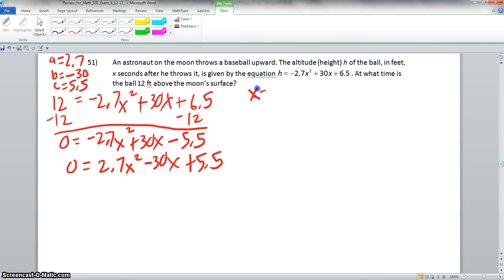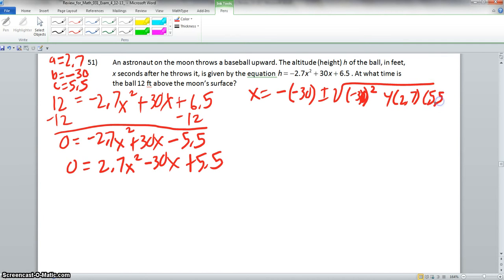So now we will have x is equal to the opposite of negative 30 plus or minus the square root of negative 30 squared minus 4 times a, which is 2.7, and c, which is 5.5. And this is all over 2 times 2.7.